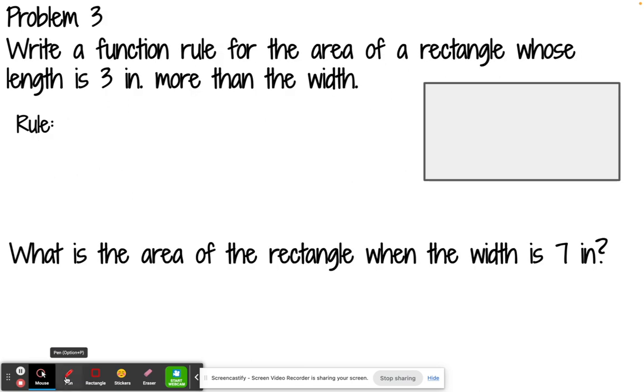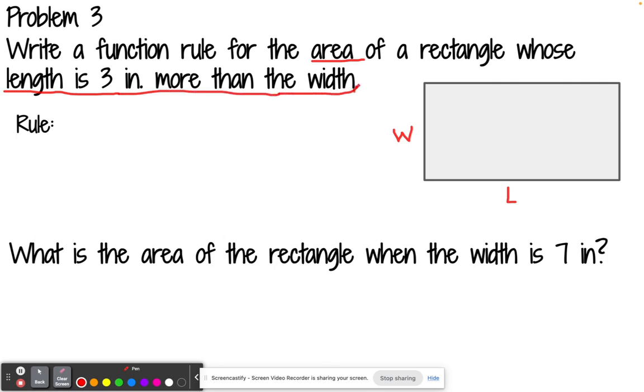Okay, now we're going to write a rule for this situation. We're trying to write a rule that's related to the area of a rectangle. But if you remember, area of a rectangle is length times width. Well, what information do we know? It says the length is 3 inches more than the width.